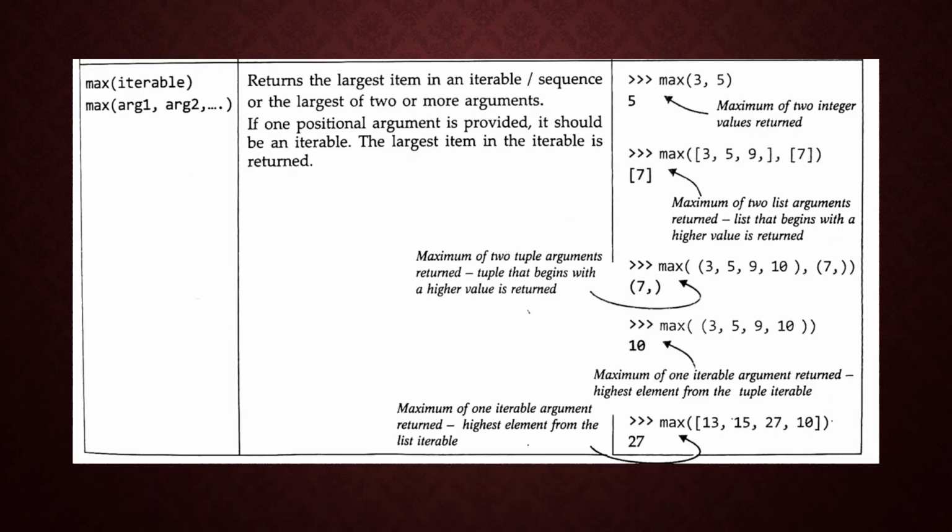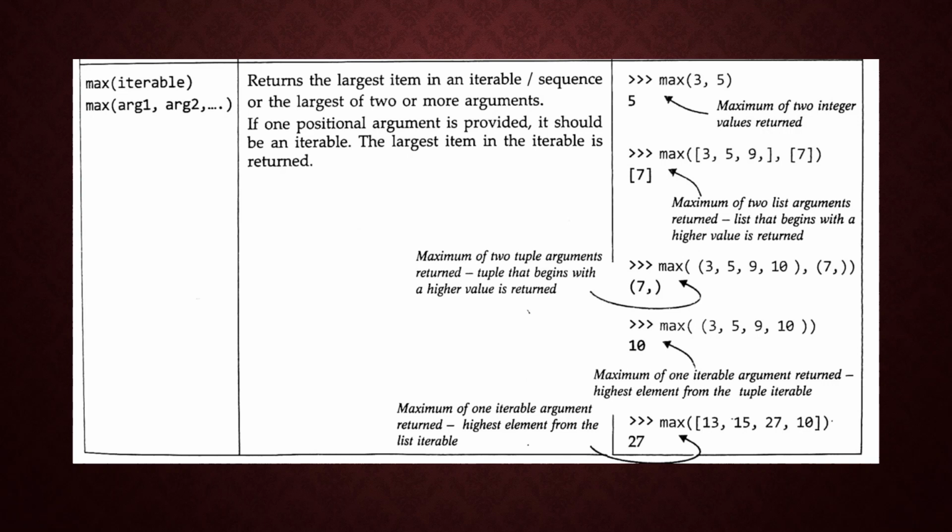Next, move to max: iterable, argument 1, argument 2, etc. It returns the maximum value of the arguments given. Here an example is also given: maximum of 3 and 5. The largest value is 5, so that will be displayed. Another example is the maximum of two lists, 3, 5, 9 and 7.